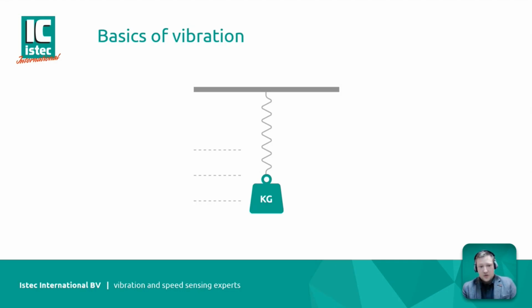We can visualize vibration as a mass on a spring. As you can see here, if we pull the mass downward from the point of rest and then release it, we will see an up and downward motion in the vertical direction.